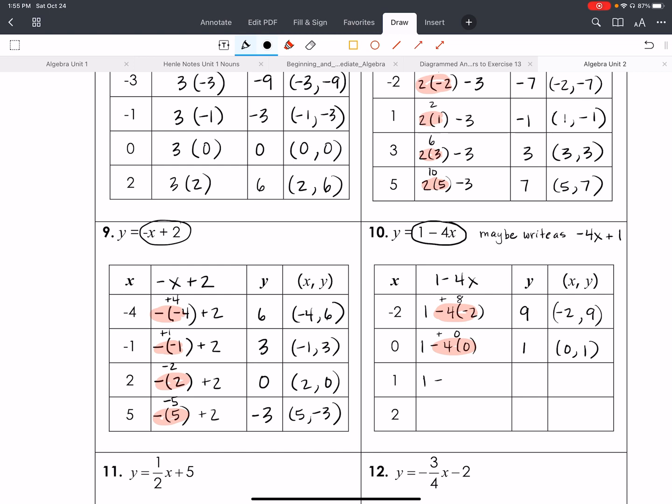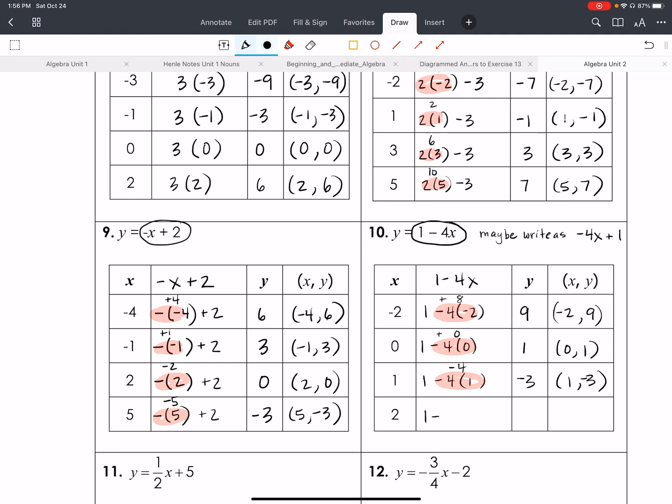And if I take out the x and I replace it with a +1, still do your multiplication first. This will become -4 times 1 is just -4. So it's going to be 1 minus 4, and that will give you -3. So your ordered pair would be 1, oops, forgot my negative, -1, -3.